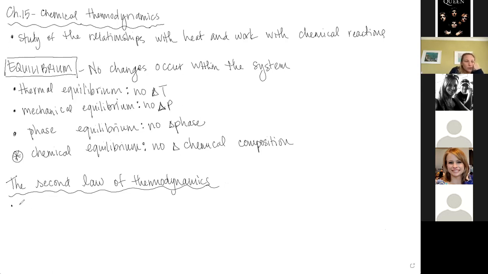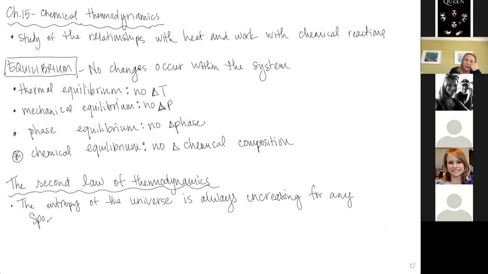But for chemistry, we're really going to focus on this: the entropy of the universe is always increasing for any spontaneous process.